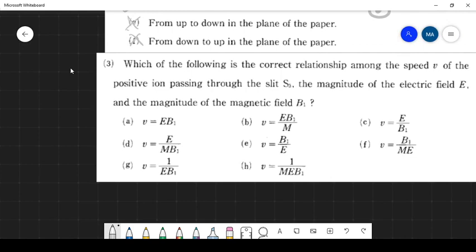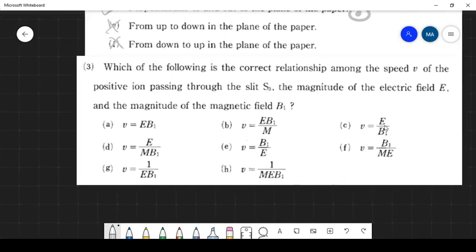He gave us over here E divided by B1. Okay, no need for the mass right now, for now at least. So let's take the next question, which will be 4.